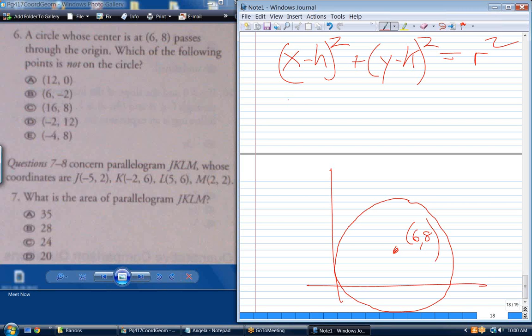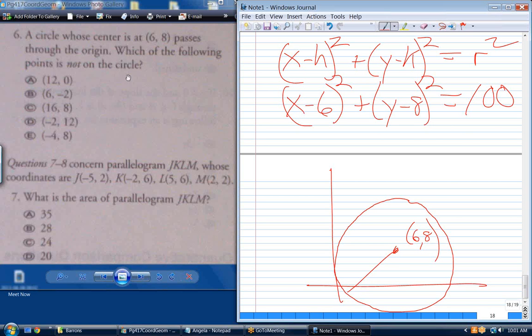So the equation of this particular circle is x minus 6 squared plus y minus 8 squared equals, well, that must be 10, huh? If I try to figure out that radius, it's a 6, 8, 10 triangle. So there's the equation for this circle.